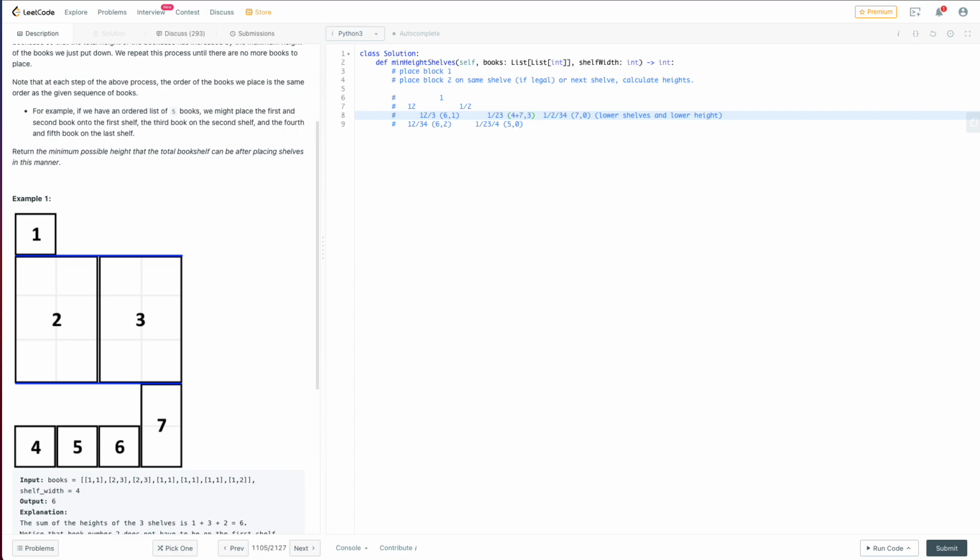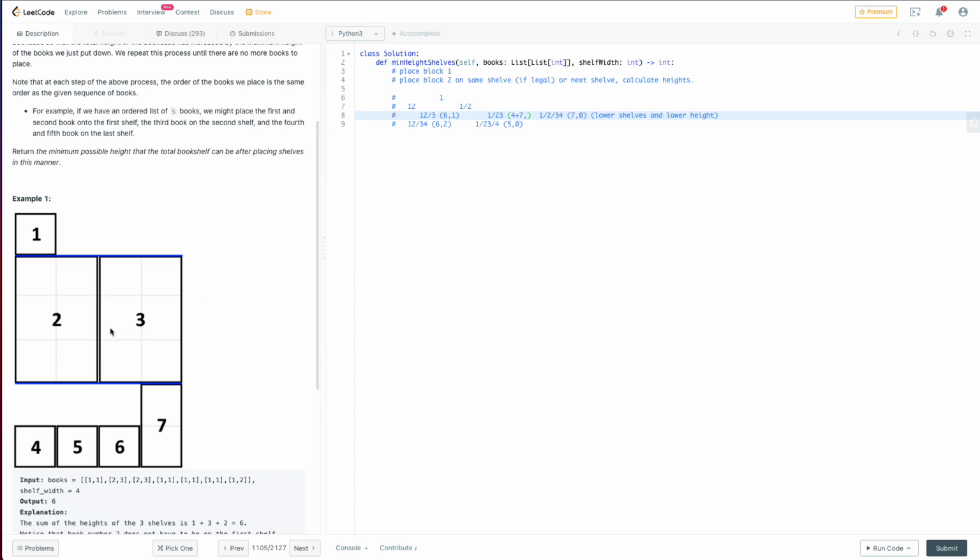And it needs to go to the next shelf. So let's say the fourth one instead is 2 by 7 tall.